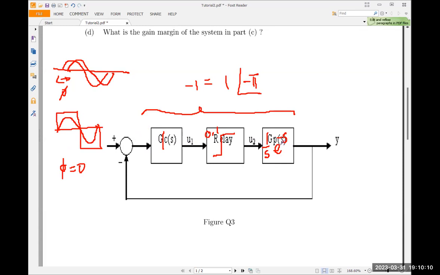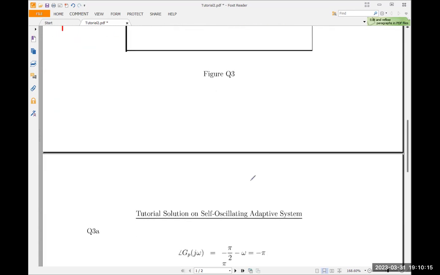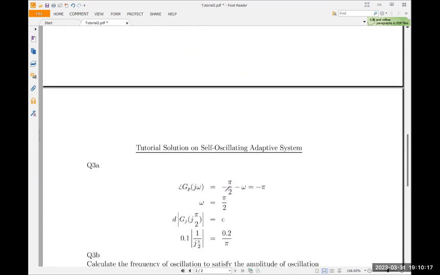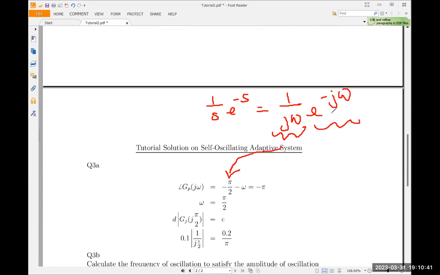So the phase of this, just look at the answer, is written as, in case you are not familiar, I'll work out the maths for you. 1 over S, e to the power of minus S. You will replace it by 1 over j omega, e to the power of minus j omega. The phase of this part is forever minus pi. The phase of this part is forever just the power only. So is this one.